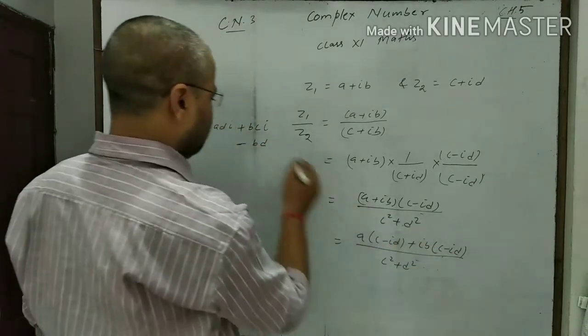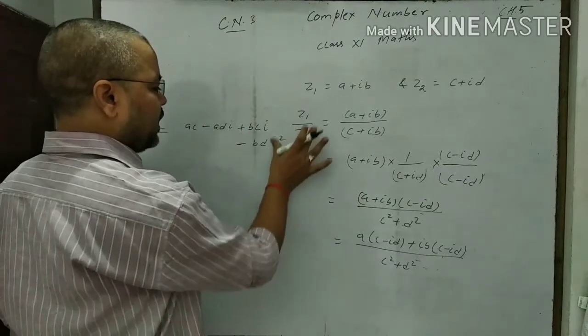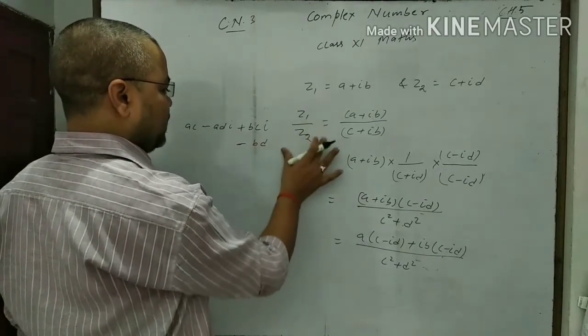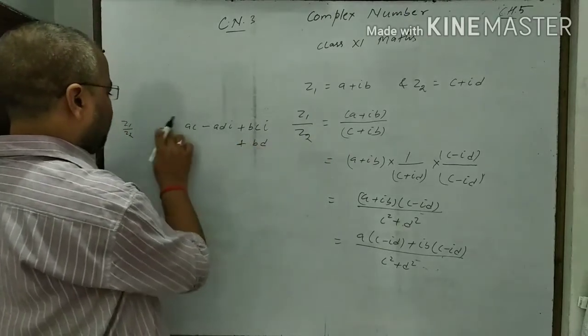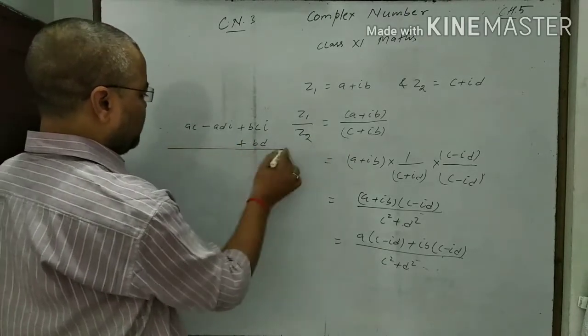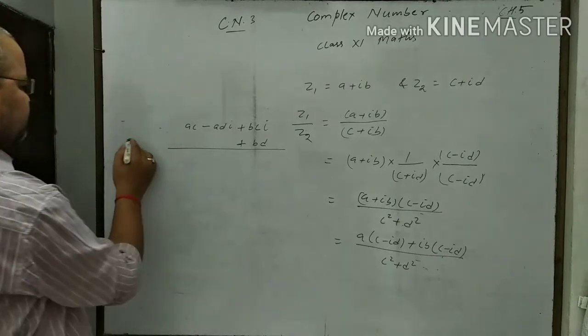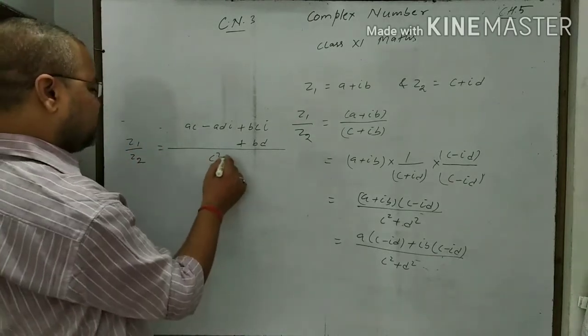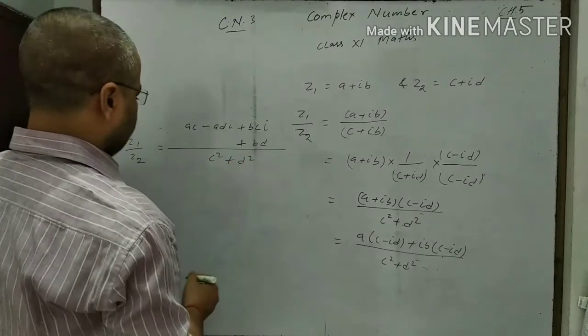I into i will be i square, and i square will be minus 1, and when we multiply it will be plus. In the denominator it will be c square plus d square.